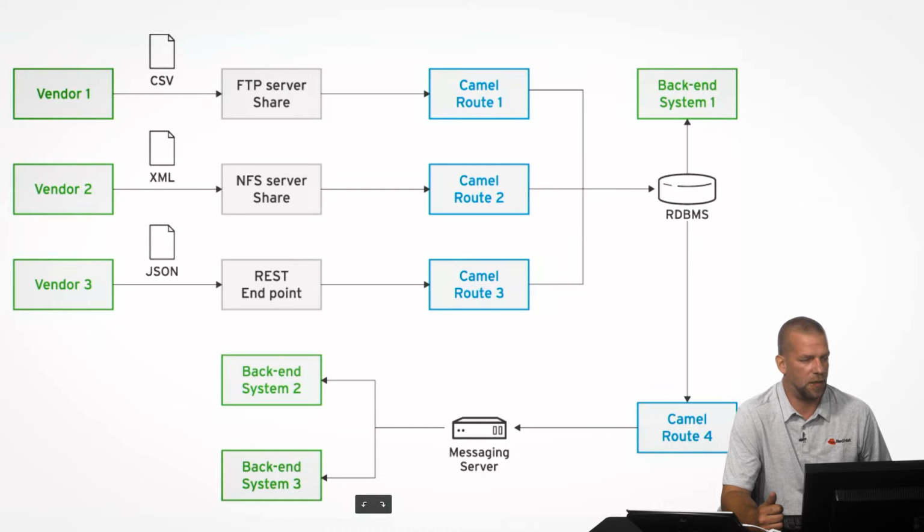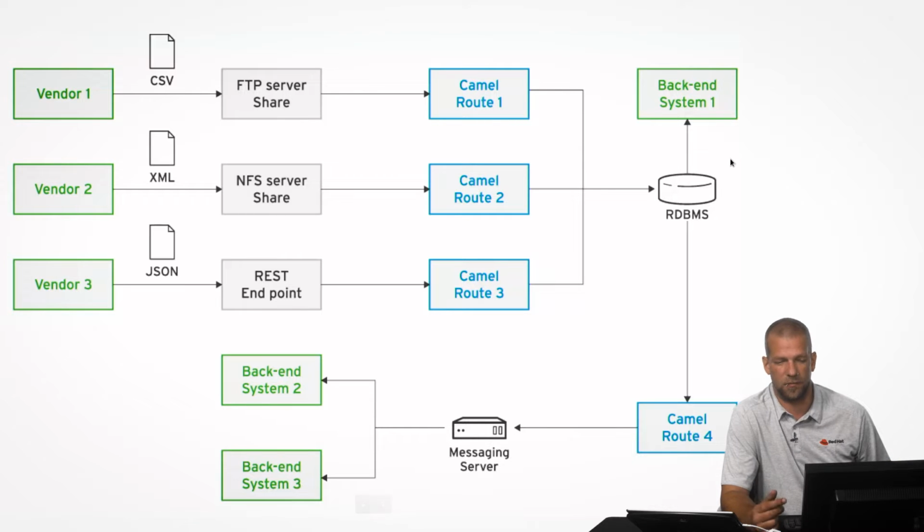So, as we see in the diagram over here, it's possible to consume information in different formats, using different technologies, from various different sources, process that information into a unified form using several Camel routes, and then temporarily store it, let's say in a relational database, where a backend system can immediately consume it, or even further process it using several other routes and then send it to other backend systems for further processing, for example, again using JMS messaging.